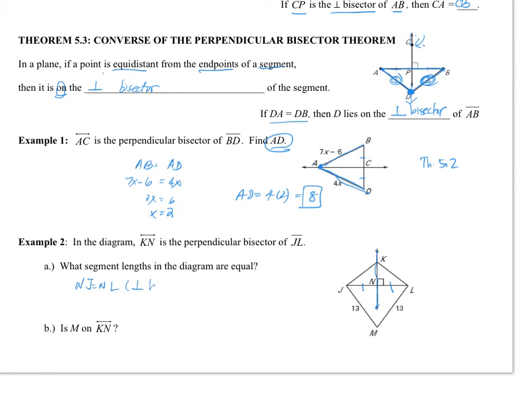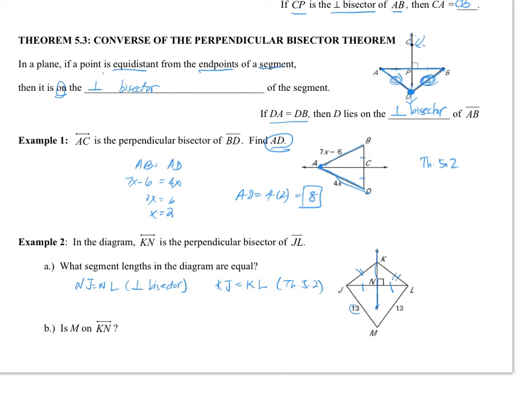So I'm just going to make a note here. And we can then conclude by theorem 5.2 that KJ is equal to KL. So I'm going to write KJ is equal to KL, and I'm going to write theorem 5.2.